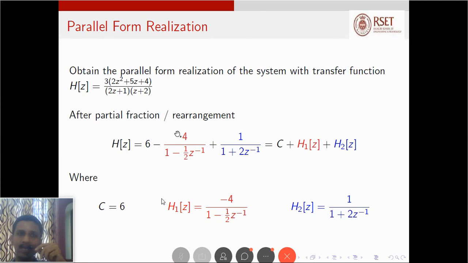Actually, that is not shown in this presentation. I will try to solve the corresponding rearrangement terms and send it to you. Just divide the numerator by the denominator and you will get the corresponding answer, and similarly write the corresponding answer for the denominator part.